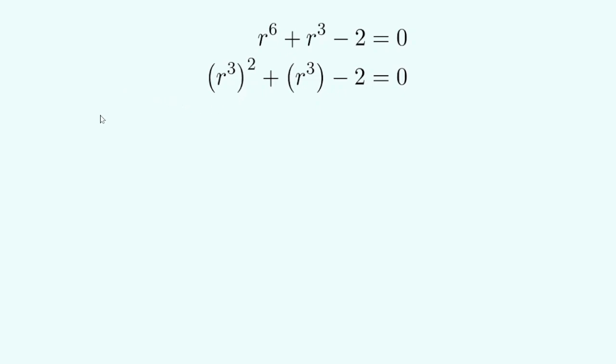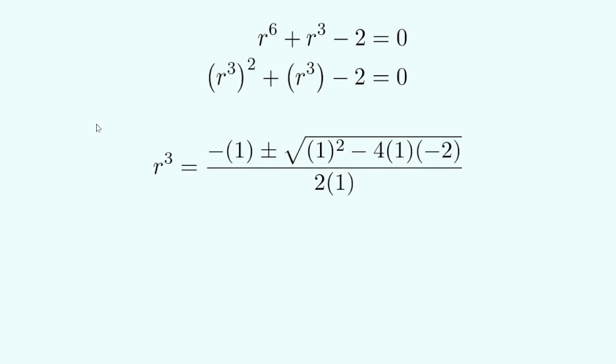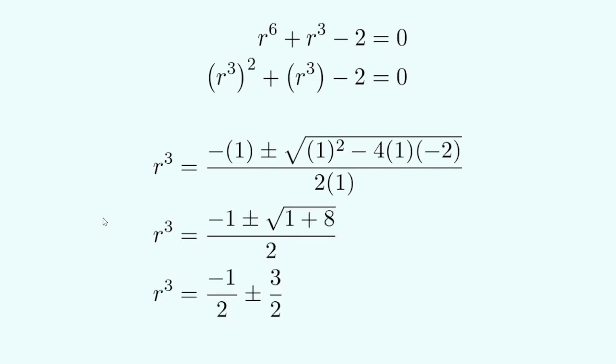So now we can put this into the quadratic formula, and that will give us this, which we can simplify and simplify again. And here we find that r cubed has to be equal to 1 or negative 2, which means that r is going to be equal to the cube root of 1, which is just 1, or the cube root of negative 2.